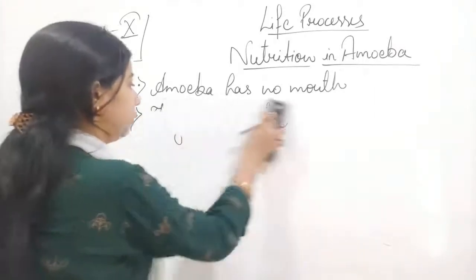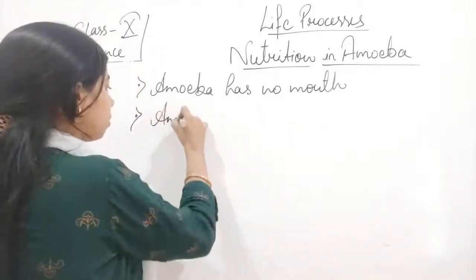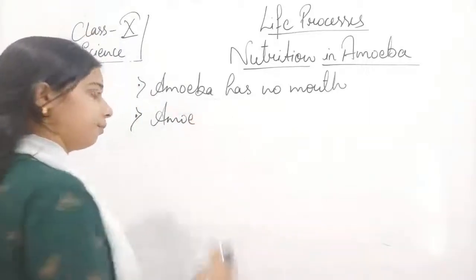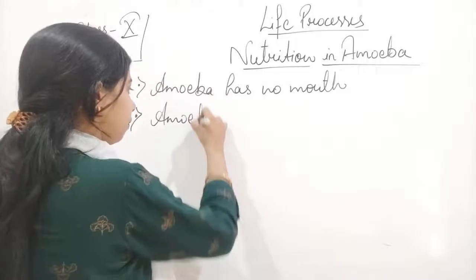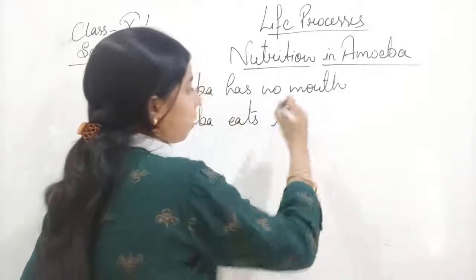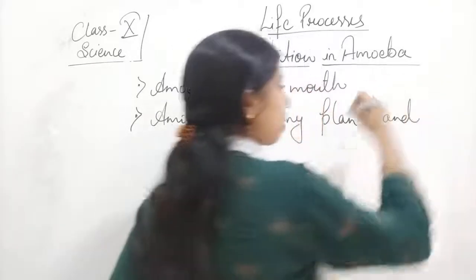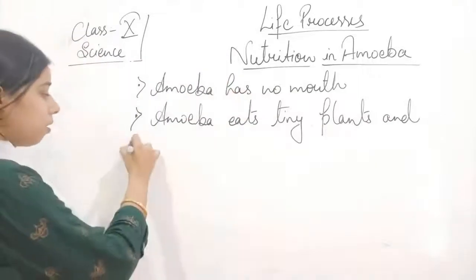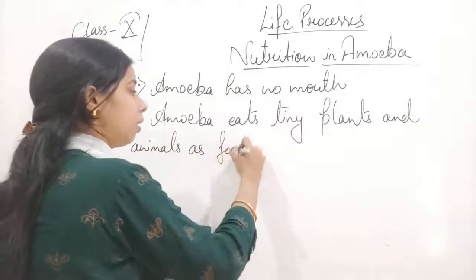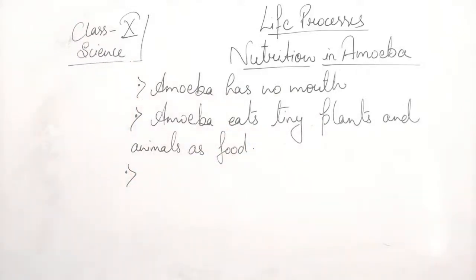Amoeba eats tiny plants and animals as food. It eats tiny plants and animals as food.